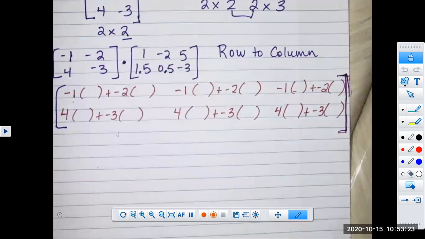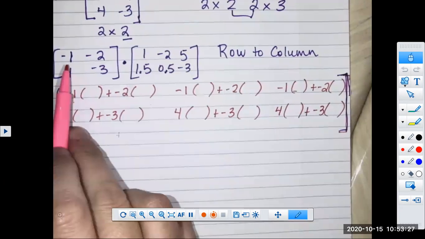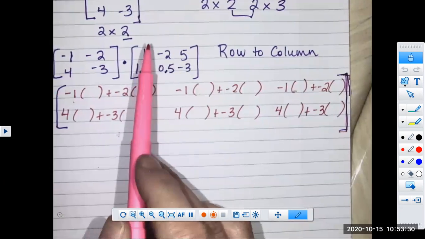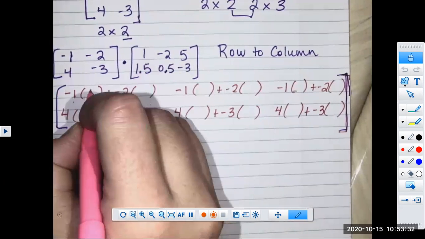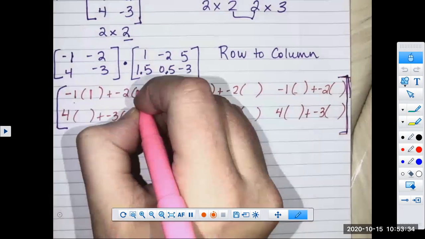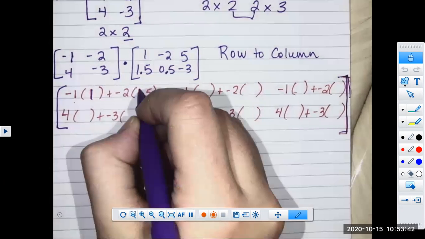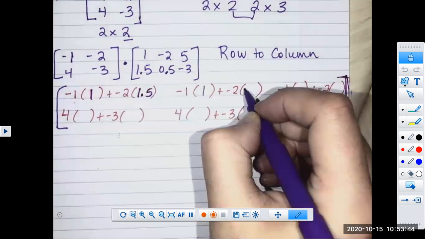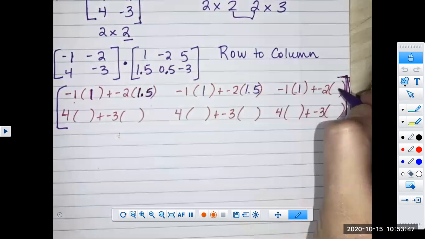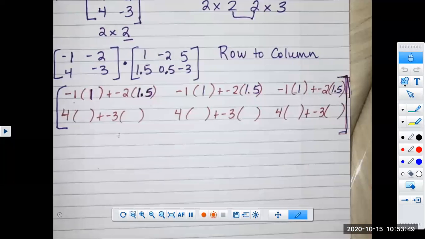And then I can go back through. I took this row and multiplied it to the first column. So I fill in with 1 and 1.5. Are y'all okay with that? And then 1, 1.5.